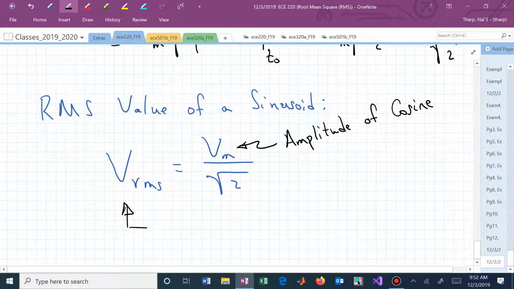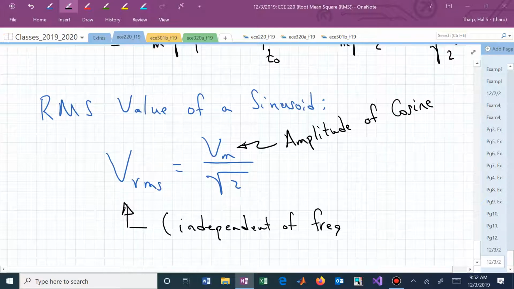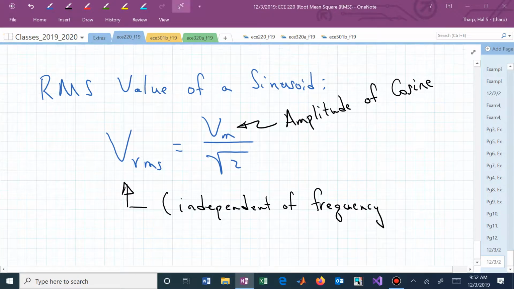And VRMS doesn't depend on the frequency of that sinusoid, it doesn't depend on the phase, so it's pretty clean in terms of a value. This is independent of omega, or frequency, and the phase theta of the sinusoid.